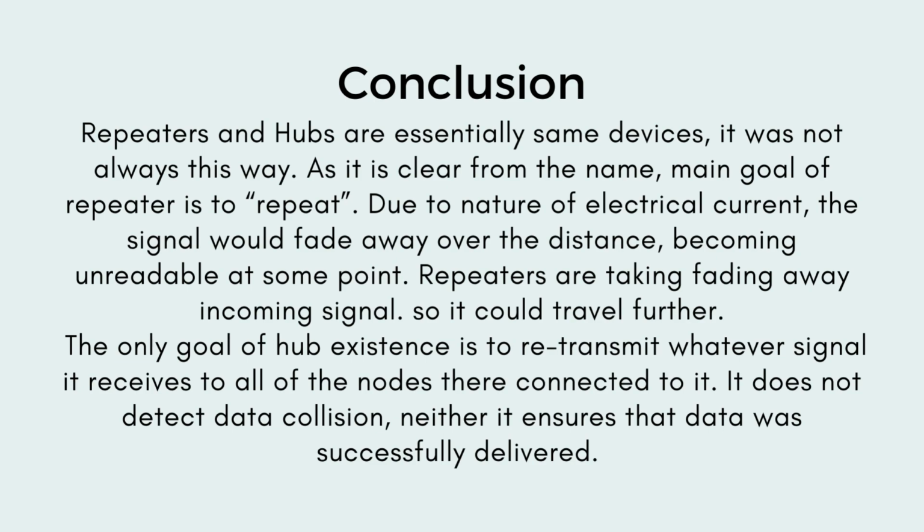Repeaters take the fading incoming signal so it could travel further. The only goal of a hub's existence is to retransmit whatever signal it receives to all of the nodes connected to it. It does not detect data collision, nor does it ensure that data was successfully delivered.